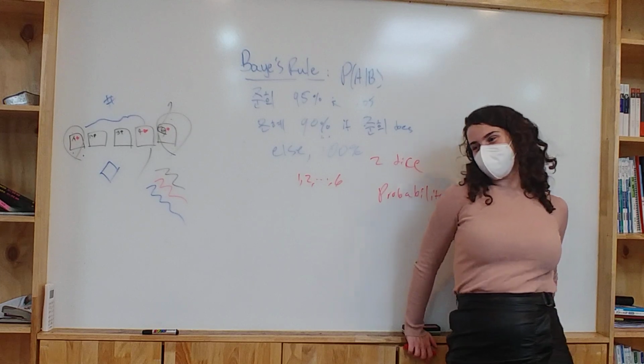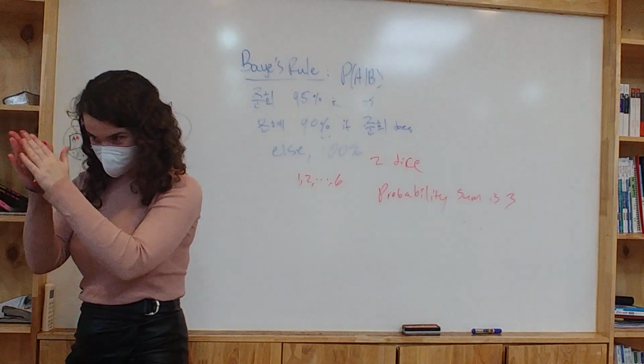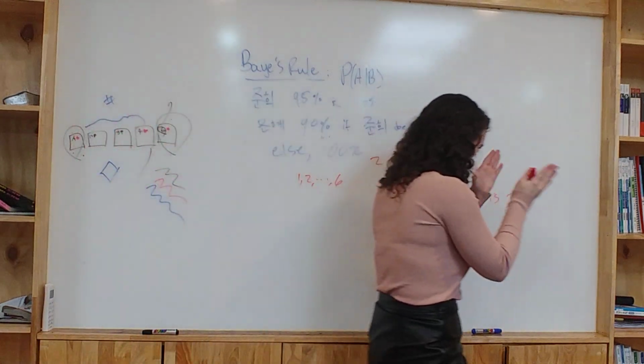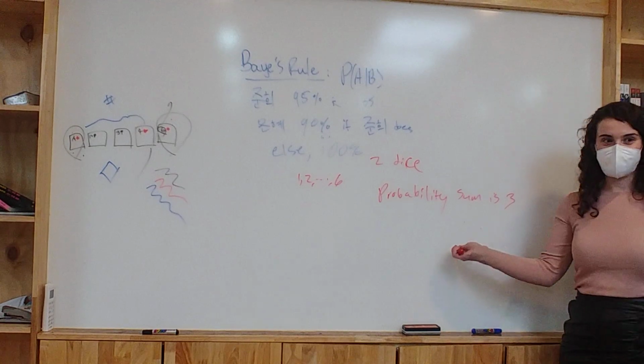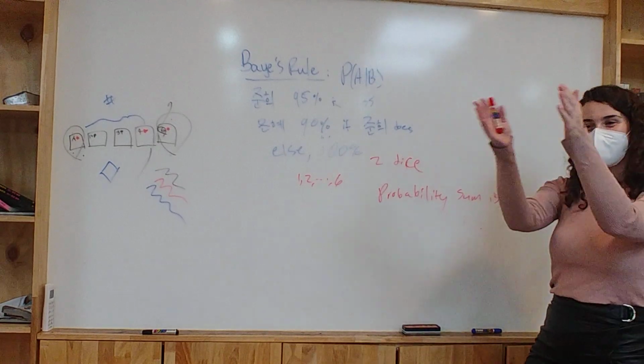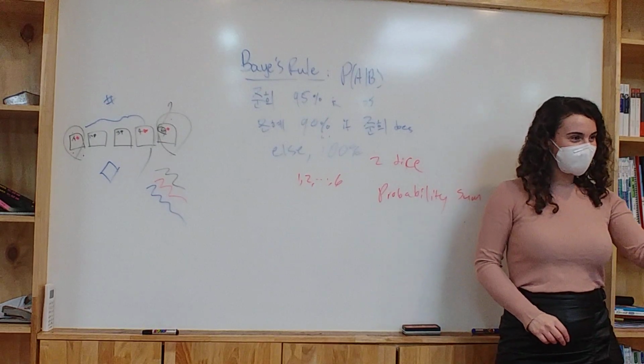Why? So 2 cases to 3, 1 2, 2 1. Very good. And what are the total possible? 36. 36 possible combinations. Wow. Very good. Okay.